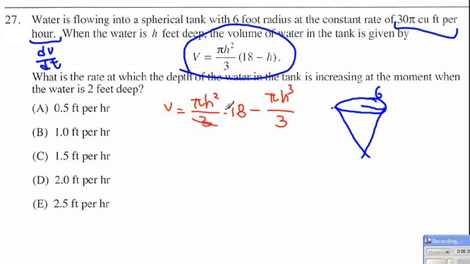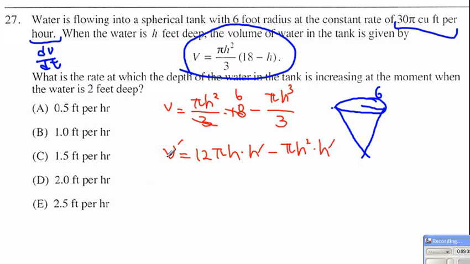Now, here we get 6. Right, so when you take the derivative, V prime, we end up getting 12, because 2 from here and then 6 was already there. 12 pi h times h prime. Minus, here, 3 comes out, cancels out with the bottom, pi h squared times h prime.